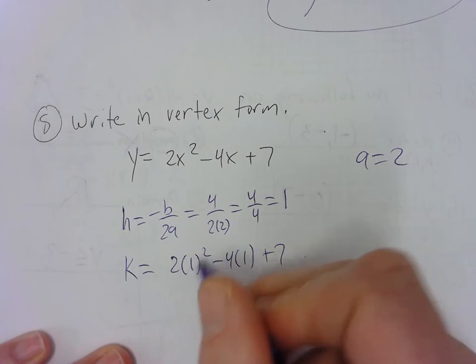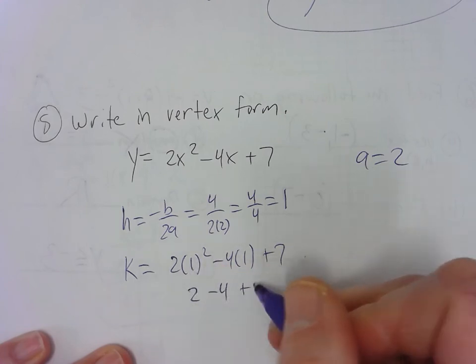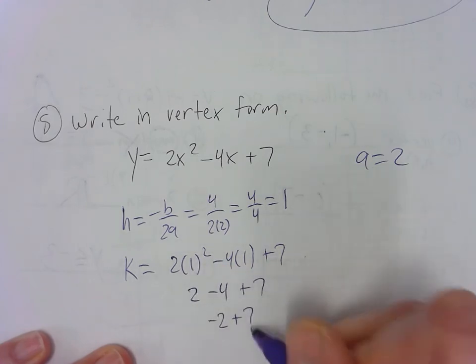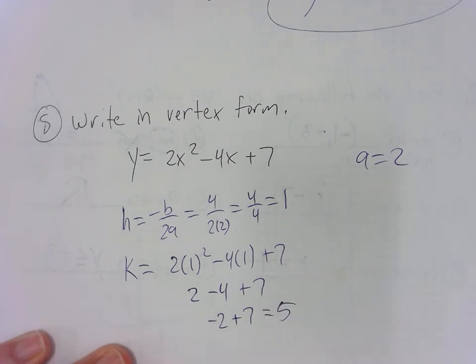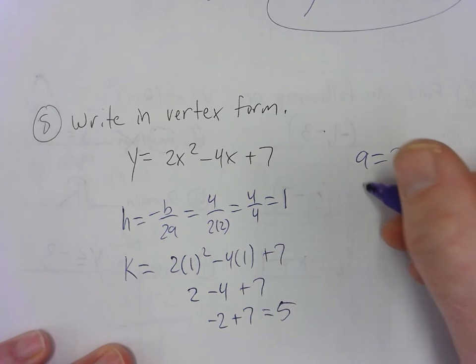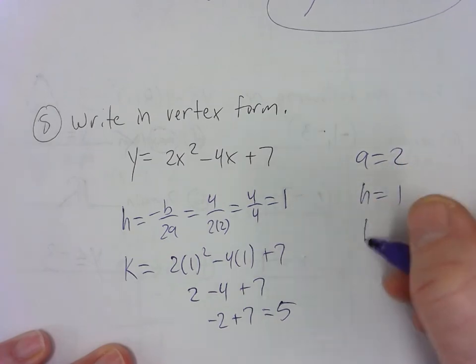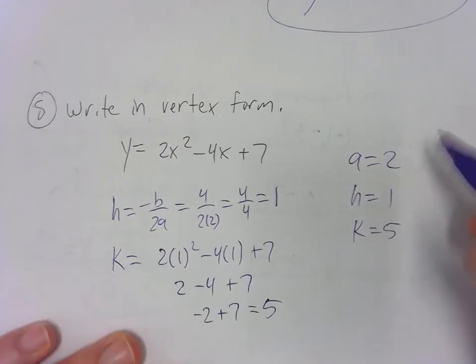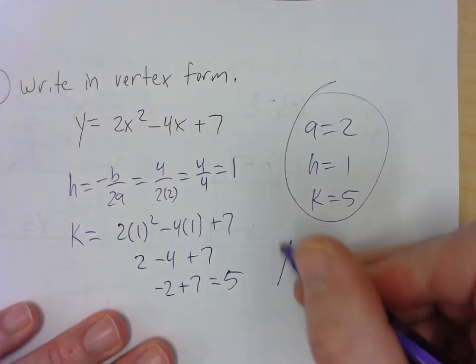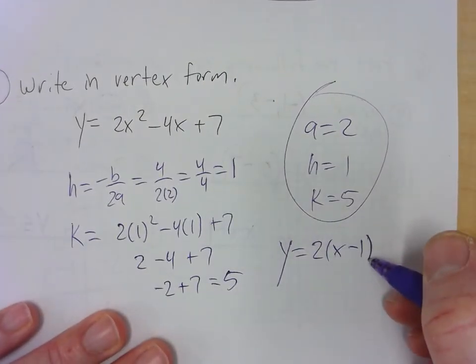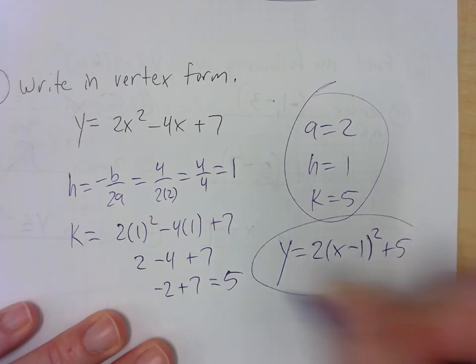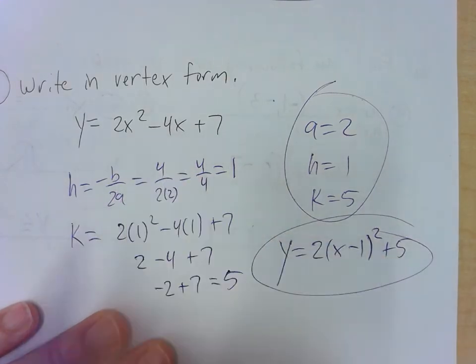So this would be 2 minus 4 plus 7. Negative 2 plus 7 would be 5. I got 5. Yep, that's 5. So h is equal to 1, k is equal to 5. So I have the information. Now I write the equation. y is equal to 2 times x minus 1 squared plus 5. So this and this are the same parabola.